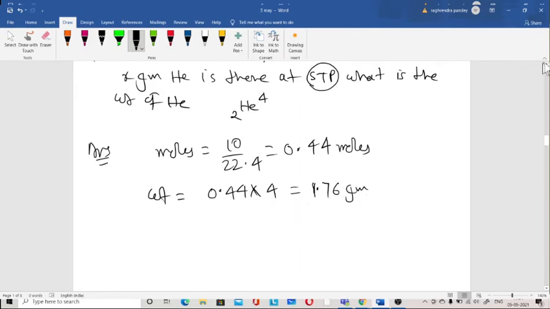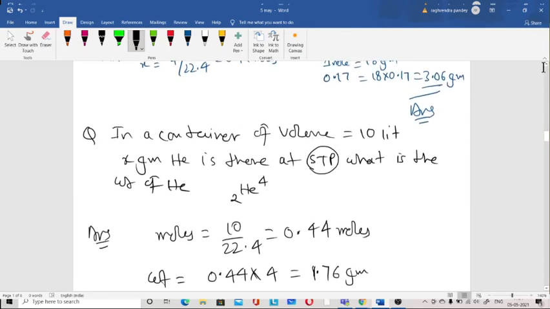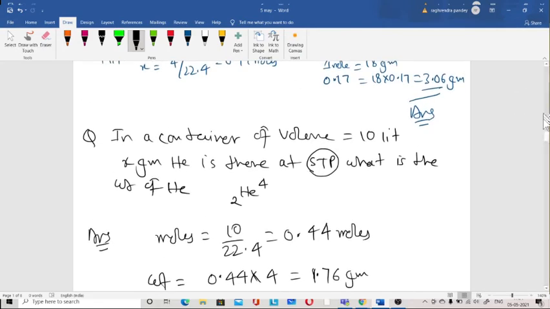Have you understood the concept of this mole and liter? Yes.